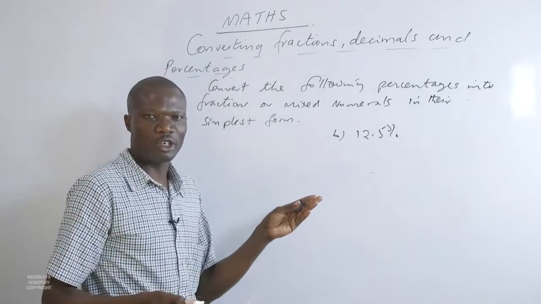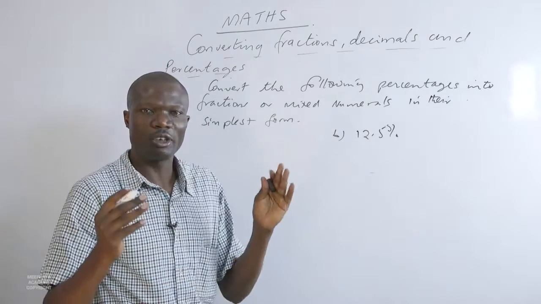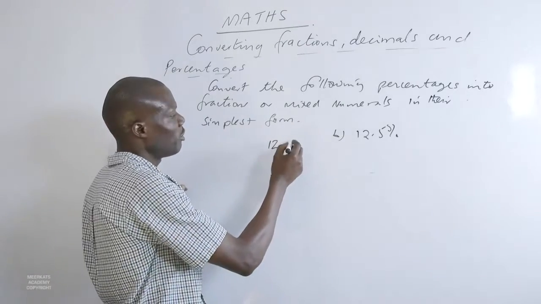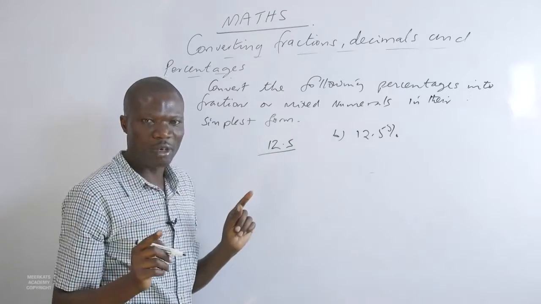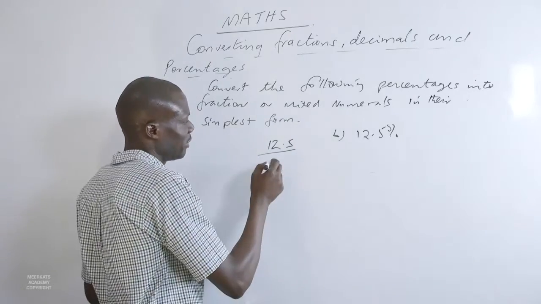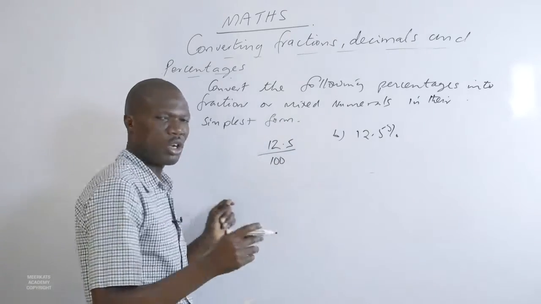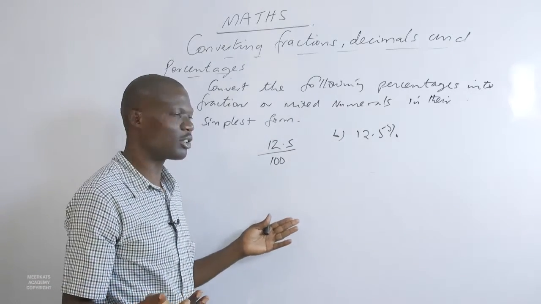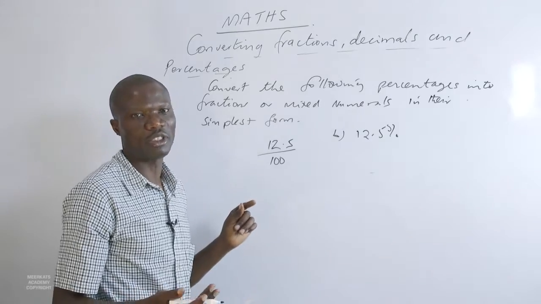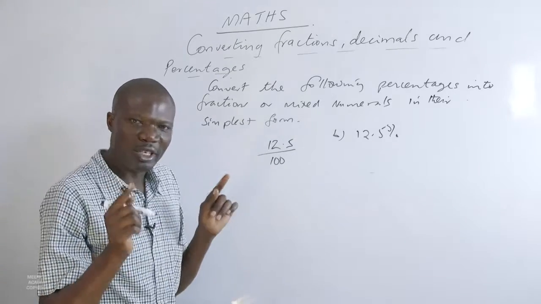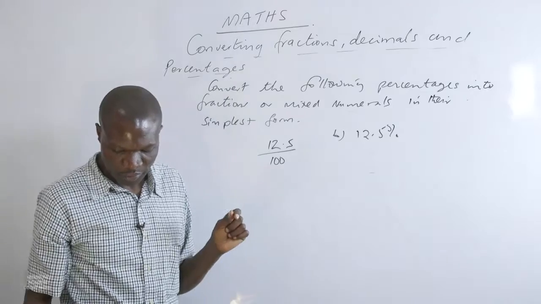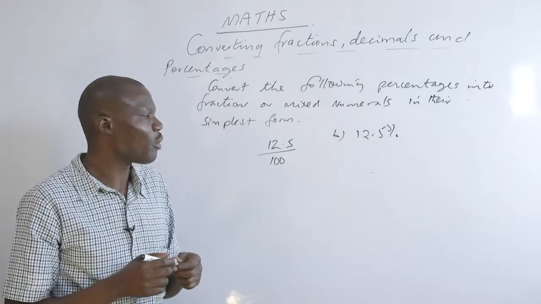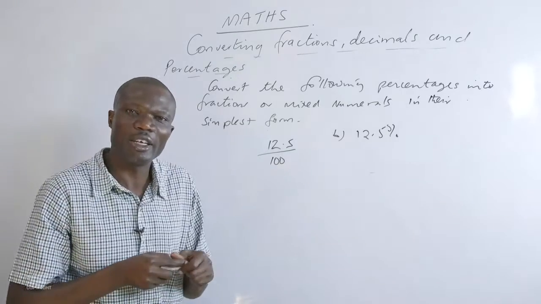Now let us look at 12.5%. 12.5% is simply written as 12.5 divided by what? 100. We are not converting into decimals, so let us not bother about counting the zeros. We want the fractions. Now, take note that the numerator has got a decimal point. We want to convert everything into a fraction.